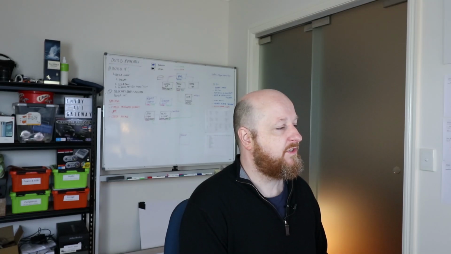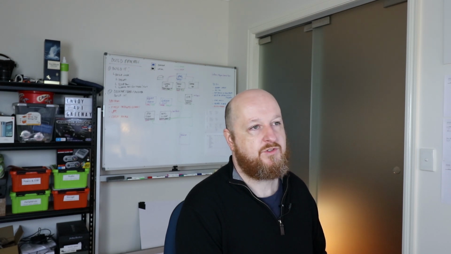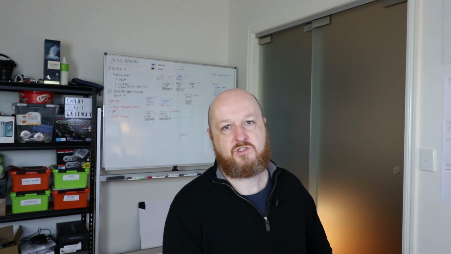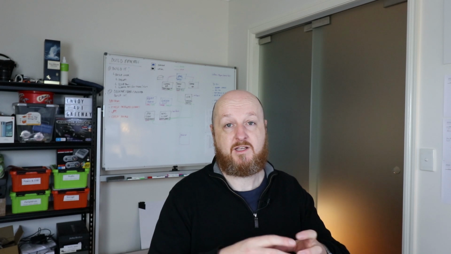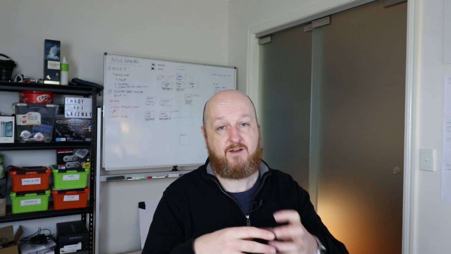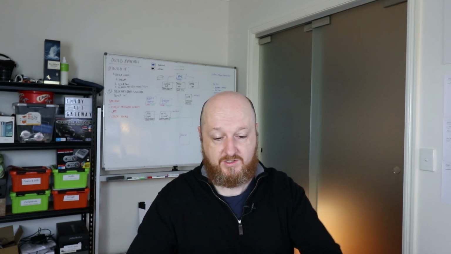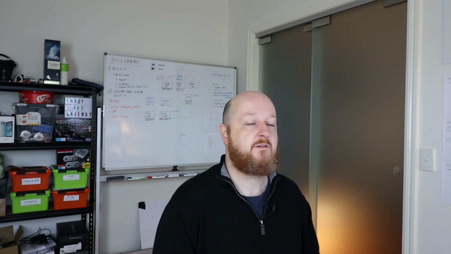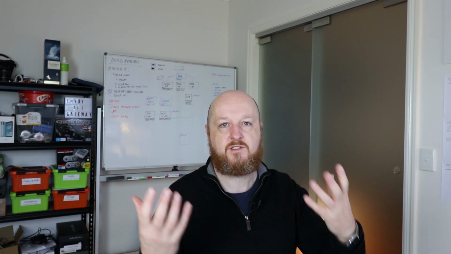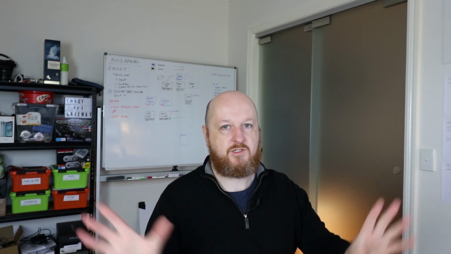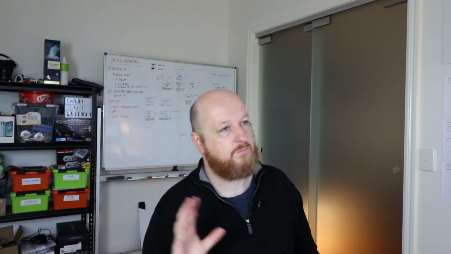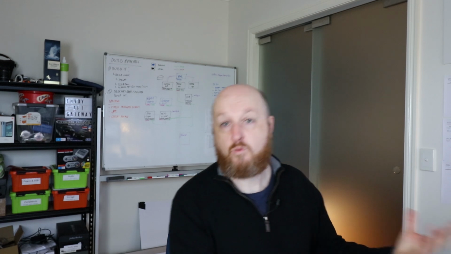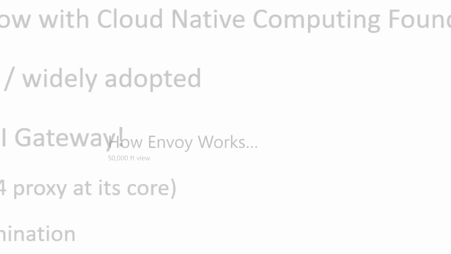You'll also hear it used as something called a service proxy or a sidecar proxy, where you deploy Envoy with each of your services. So it's got this kind of partner, and that means you're starting to go into this realm of service meshes and all that kind of stuff, which we're not going to cover today, although I might do a video on it at some point.